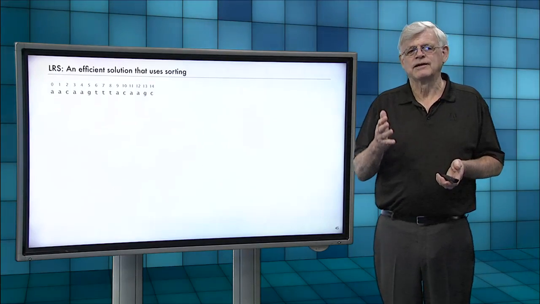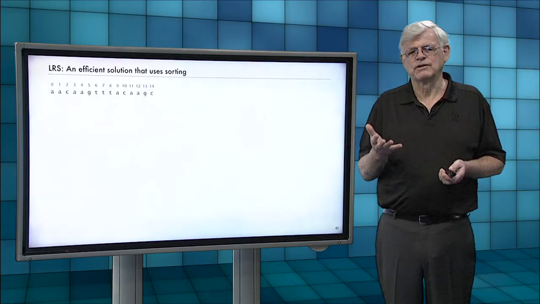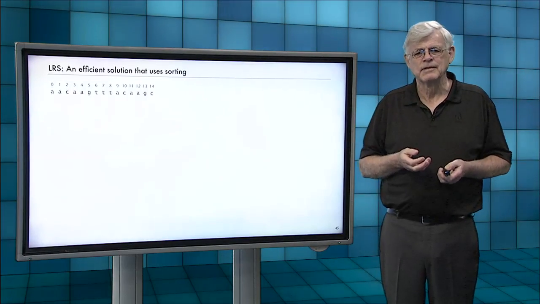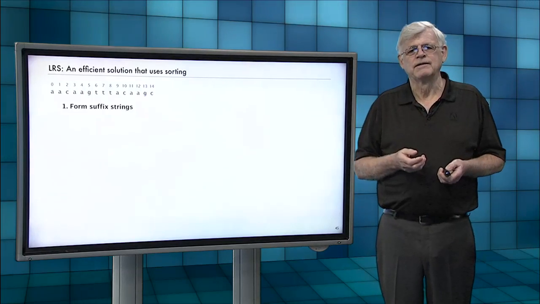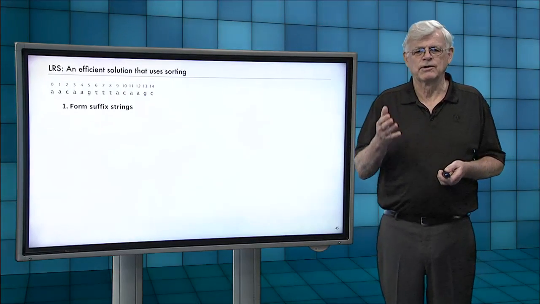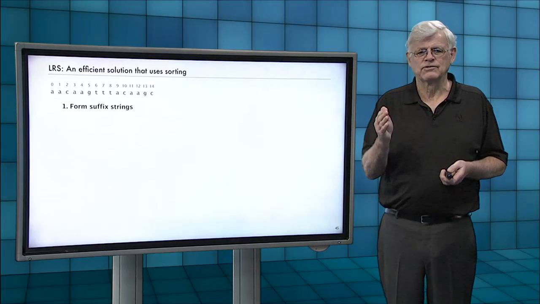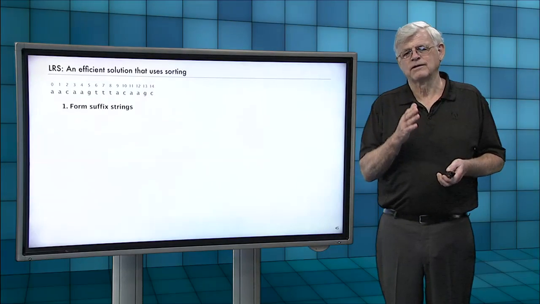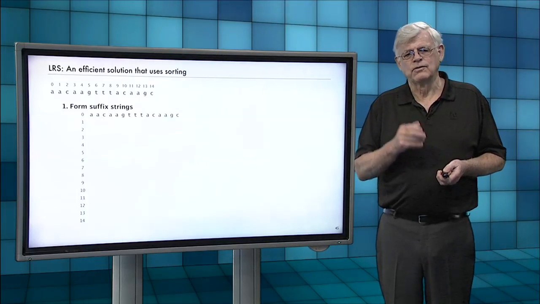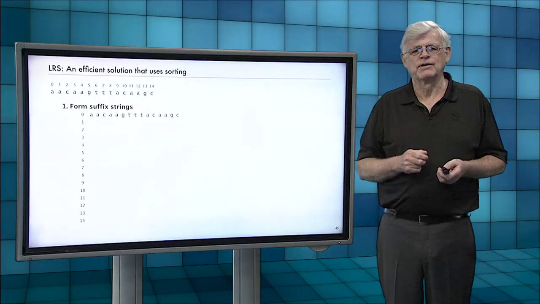It turns out that there's a very efficient solution that was discovered decades ago that uses sorting. Here's the idea. It's called suffix sorting. We're going to form what are called suffix strings, which is the substring that you get by starting at each position. Position 0 is the whole string.